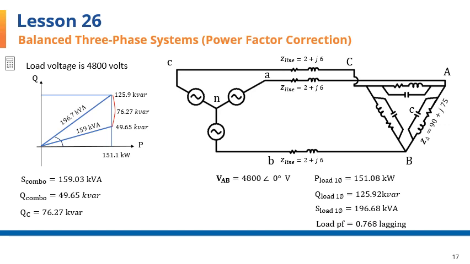However, to continue with finding the other quantities, we're going to need the capacitance, or at least the capacitive reactance X sub C, and I'll find both of these in the following pages, both C and capacitive reactance.